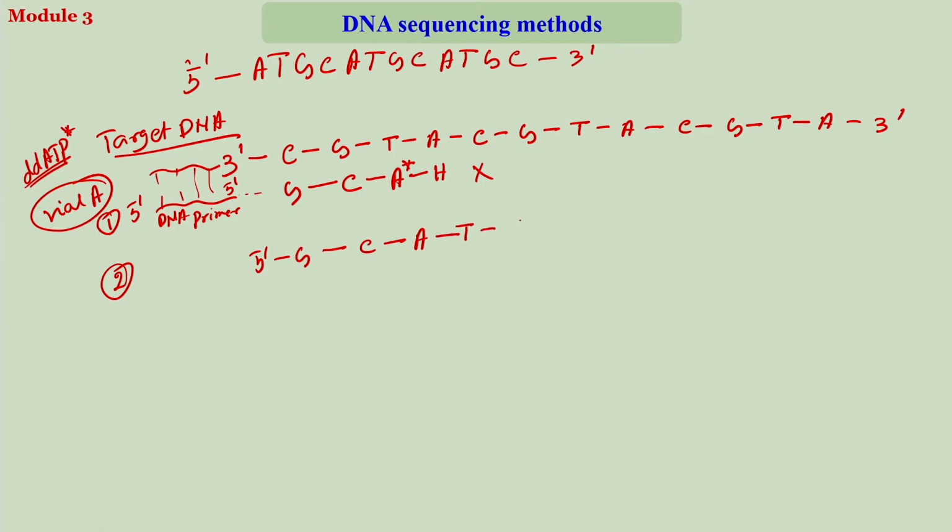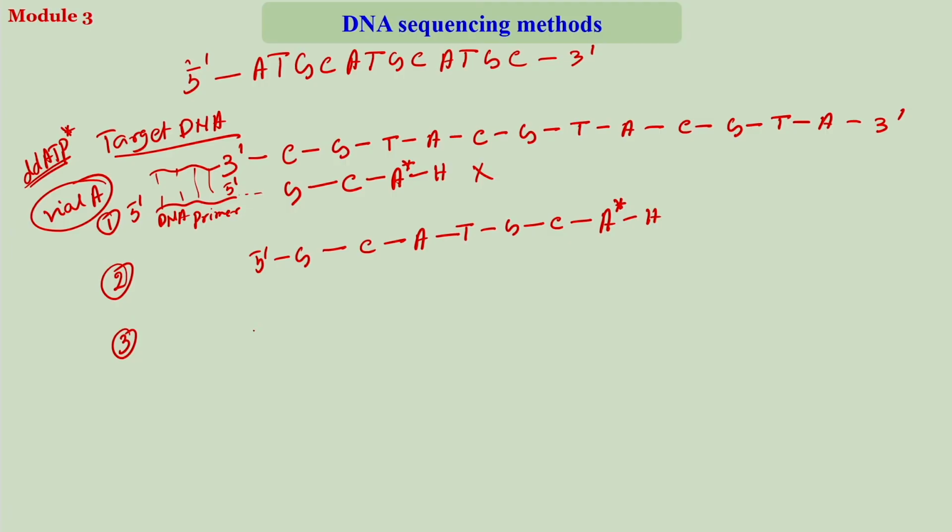Here is a T, here would be G, here would be C, here would be A. Again the same issue, that this A may be the normal dATP, so it will move on, and the probability is also there that it may be the ddATP. So, in this case it will stop here. So, you will get the 2 fragments and they are radioactive labeled.